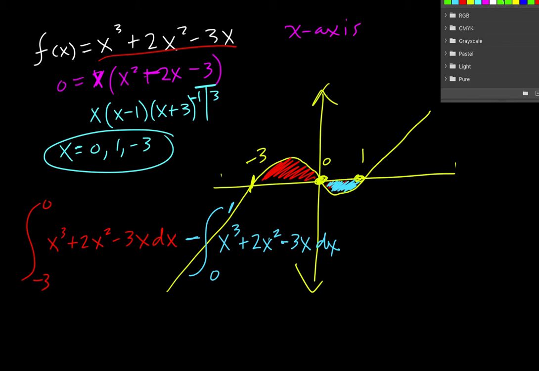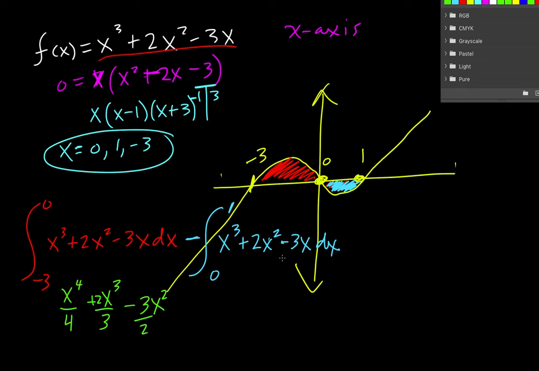So we're just going to take the antiderivative of both of these. So we get x to the 4th over 4, and then we get plus x cubed, and then 2/3, minus 3x squared, and that's over 2.